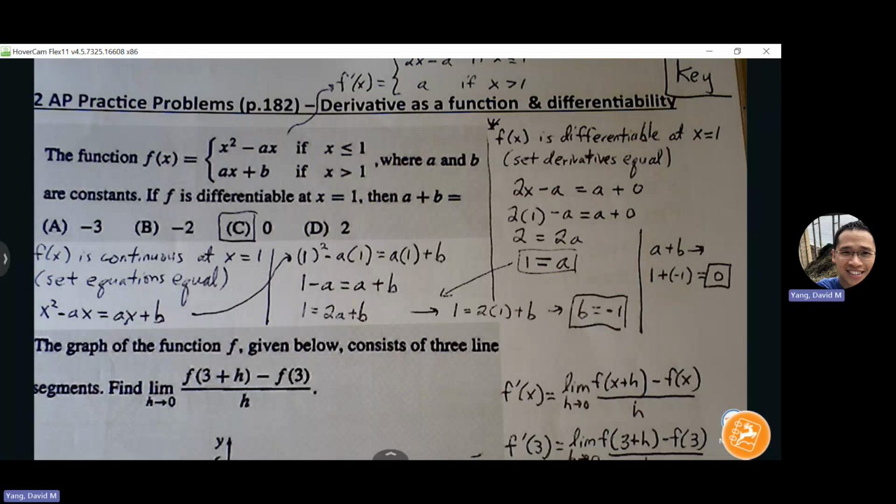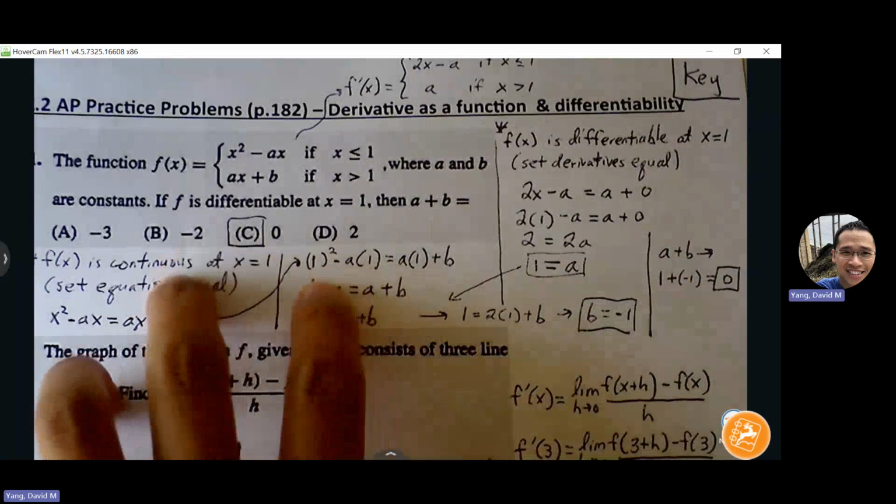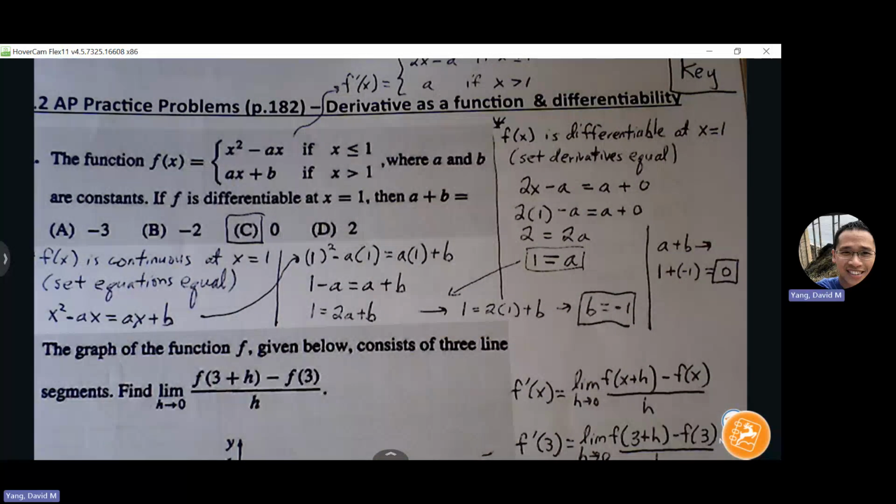All right, so just know that this is a very popular type of AP multiple choice question that shows up a lot. The reason why they like this problem is because they want to see if students understand what differentiable means and what that means for this piecewise function. If they're going to connect at a smooth transition, they must also connect with the same y value.